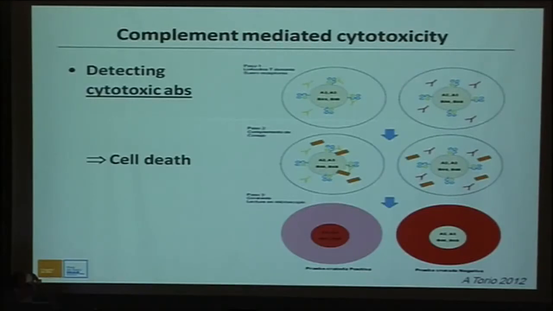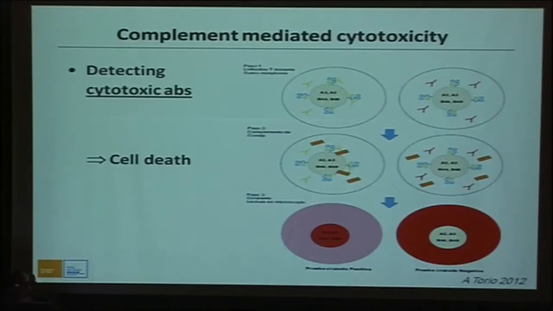And the immunologists usually tell you, okay, this is a positive crossmatch, which means the cells are dead because there is something in the blood, usually antibodies, that are killing these cells. Otherwise, if there is no antibody, you can put all the complement you want, the reaction is not appearing, and then the cell looks pristine, looks nice in the microscope.